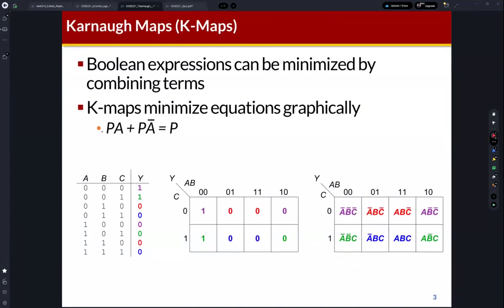We learned the Boolean equations can be optimized or minimized by combining terms.